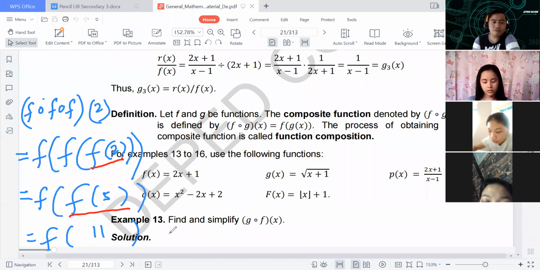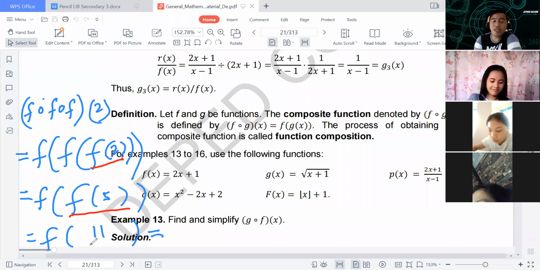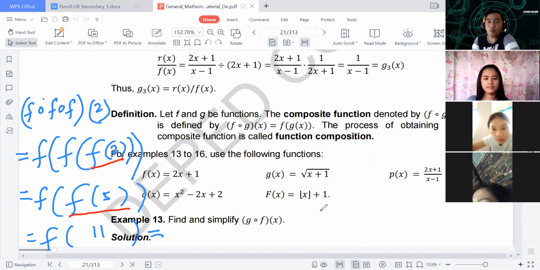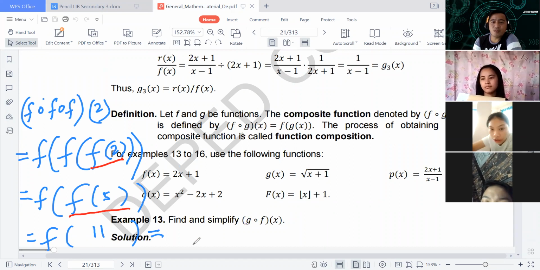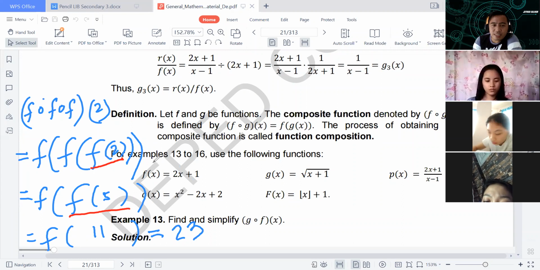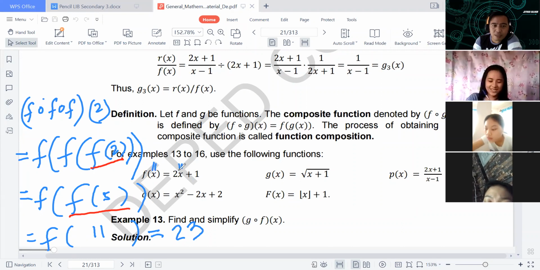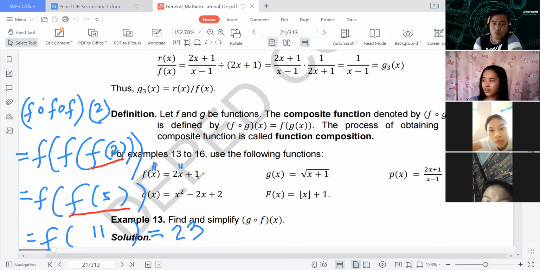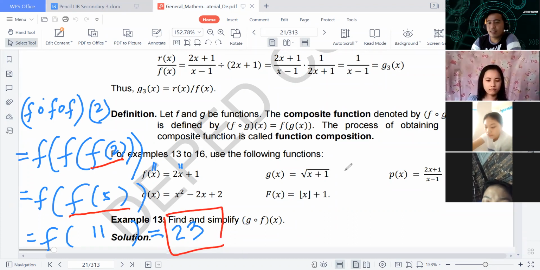For the last time, you perform it under f. And what will be the answer? 23, sir. Very good. 23. Because if this is 11, this becomes 22 plus 1, that will be equal to 23. Clear? Understood?